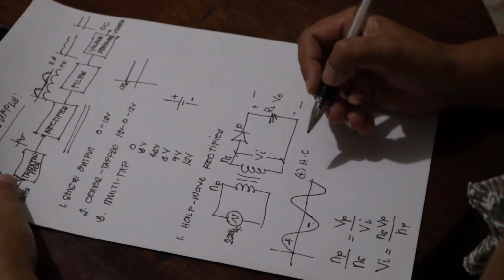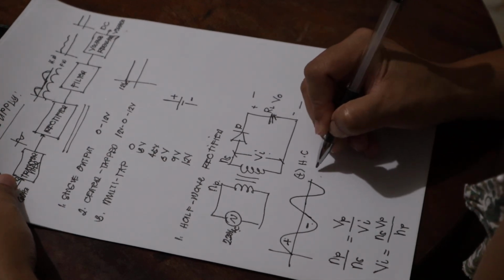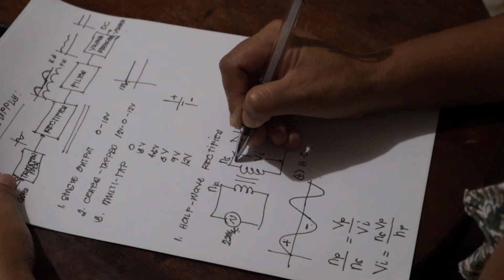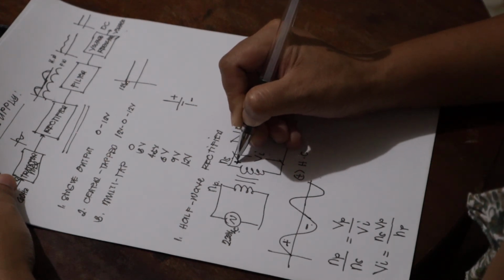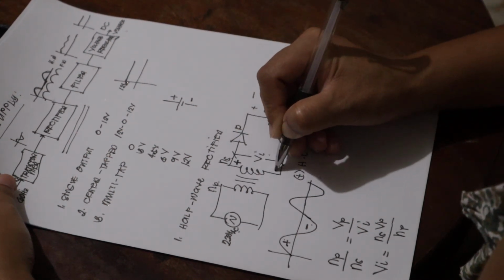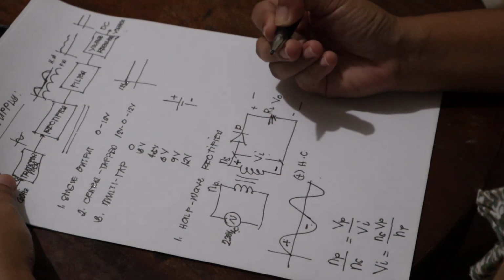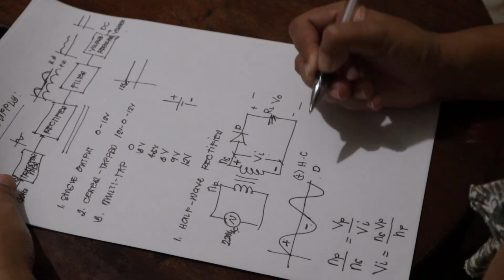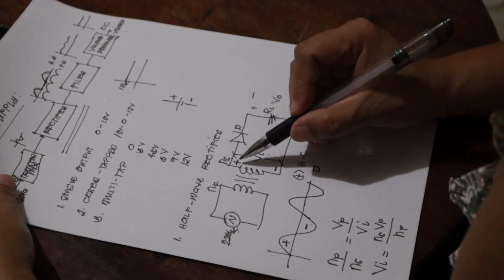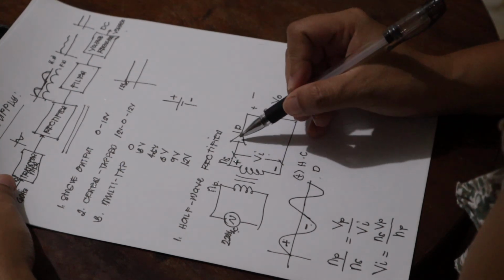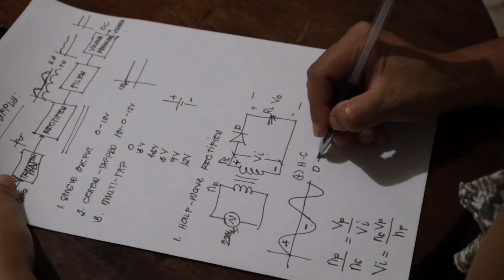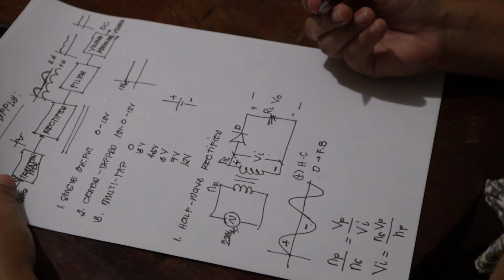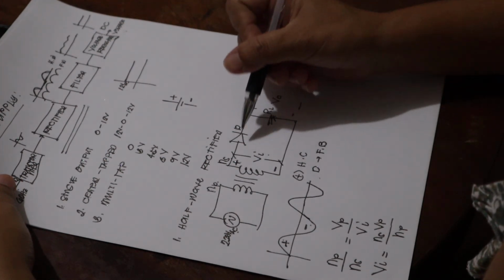So, at the positive half cycle, when the polarity of our voltage is positive at this point, and then negative dito, what is the condition of the diode? If we are going to look at it, positive to anode, and that makes the diode forward bias.